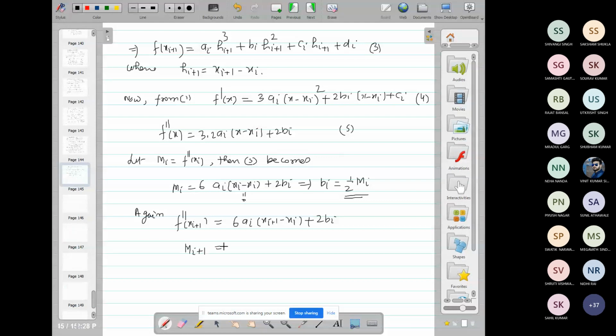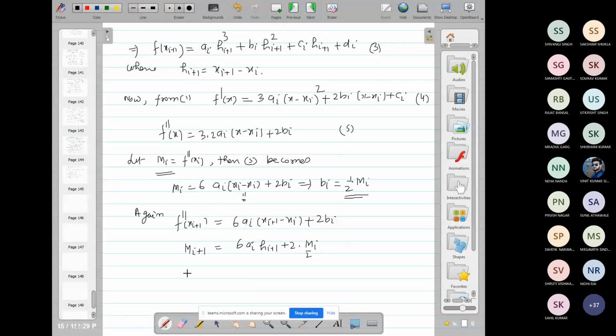So mi plus 1 is equal to 6ai hi plus 1 plus 2bi, where bi is mi upon 2.